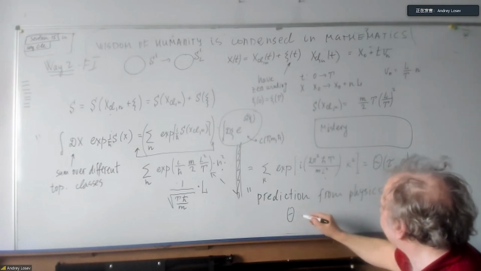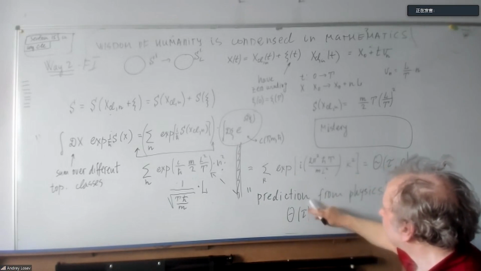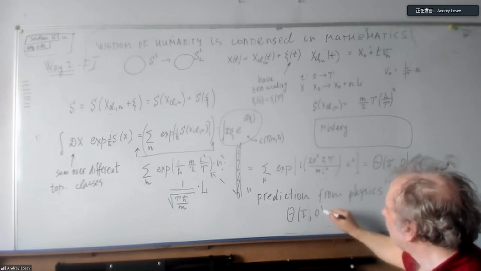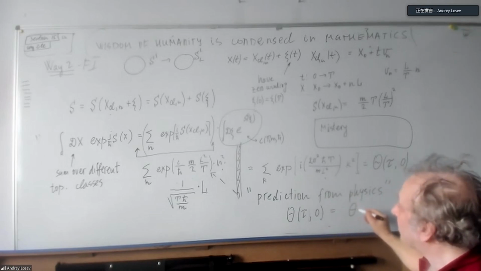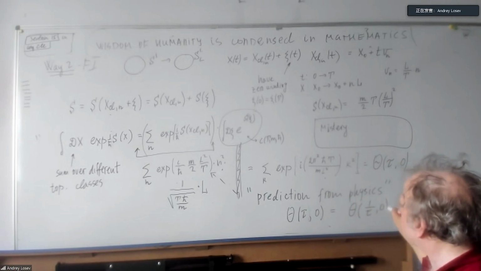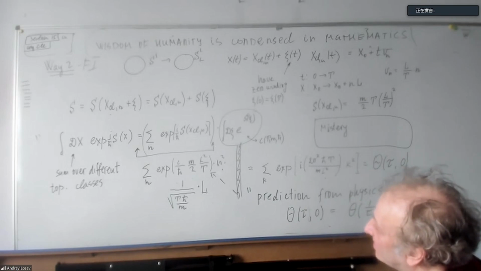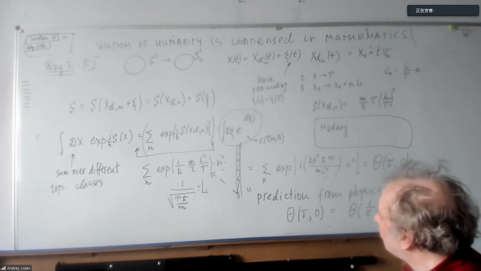Saying that theta of tau, 0 is theta of 1 over tau, 0. And what is this factor?